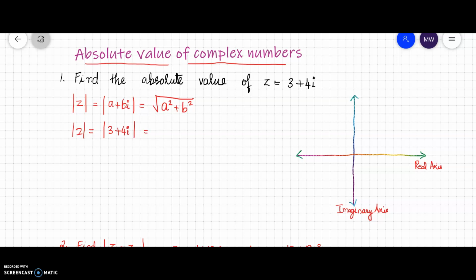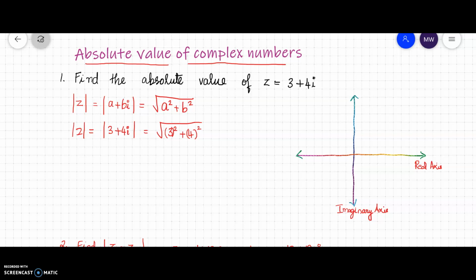All we have to do is take the square root of 3 squared plus b, the coefficient of i, which is 4, so 4 squared. I would always prefer to put parentheses before you put squares, because if you have negative numbers, that would help.